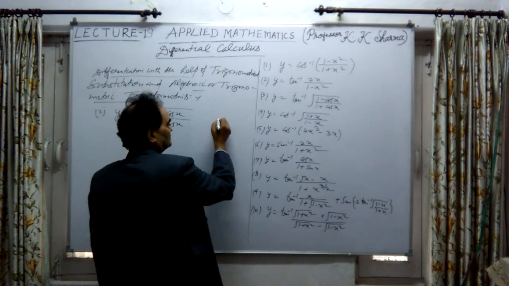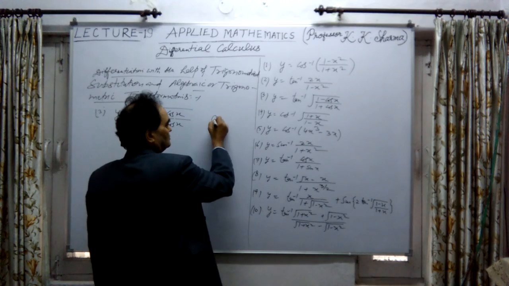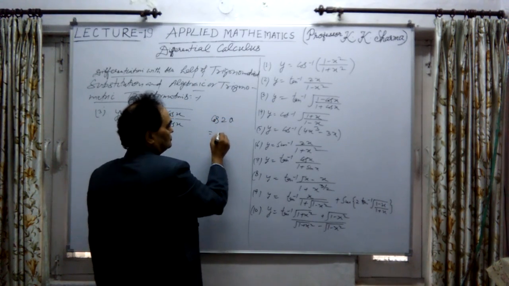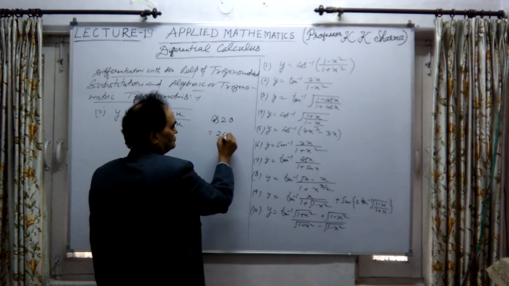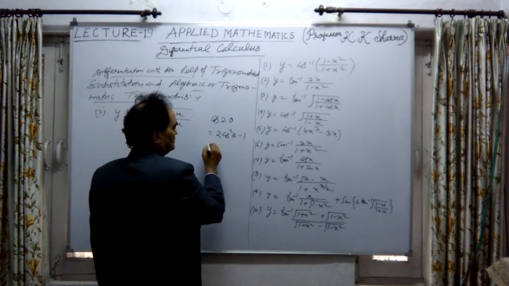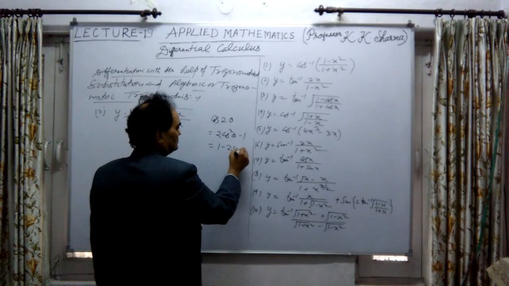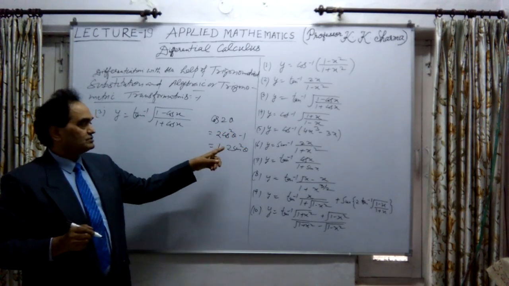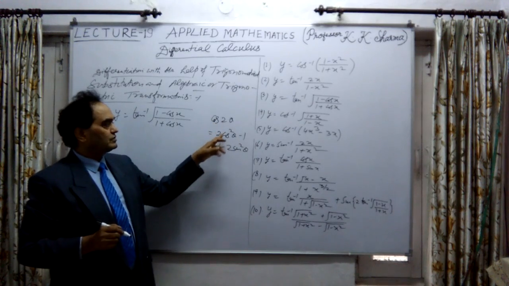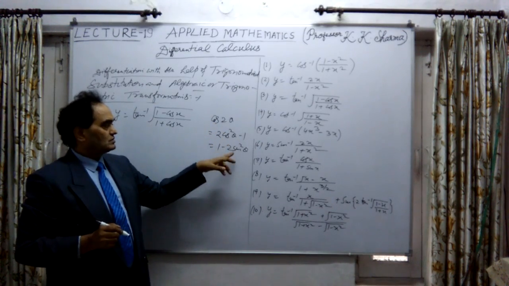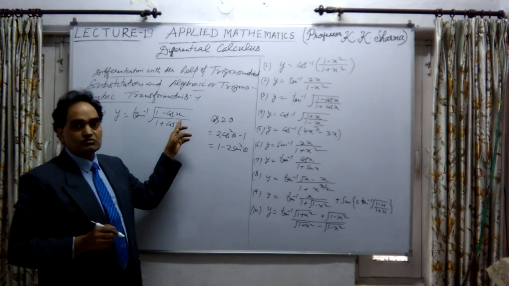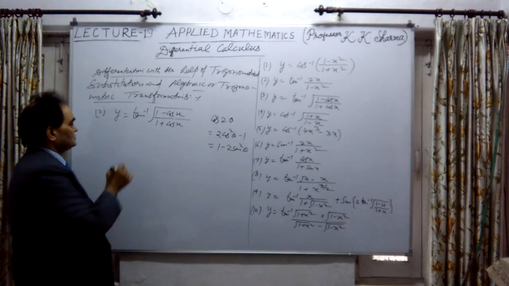We discussed that cos 2 theta is equal to 2 cos square theta minus 1 and 1 minus 2 sin square theta. These formulae of cos 2 theta are very helpful. In this case, 1 plus cos 2 theta equals 2 cos square theta, and 1 minus cos 2 theta is equal to 2 sin square theta. But in this case, with 1 minus cos x, the angle is single.